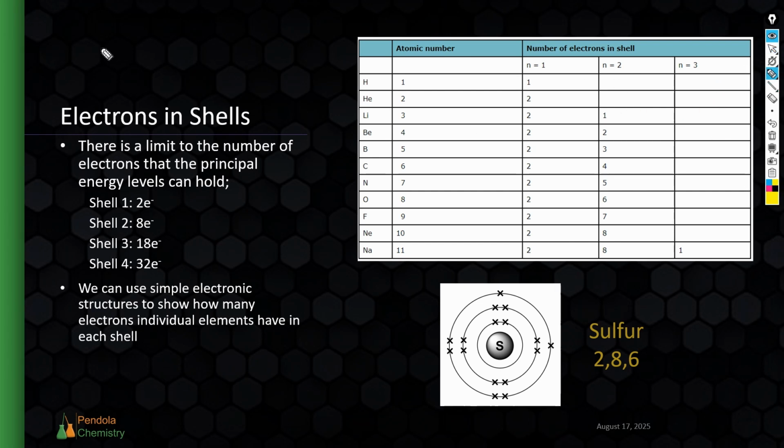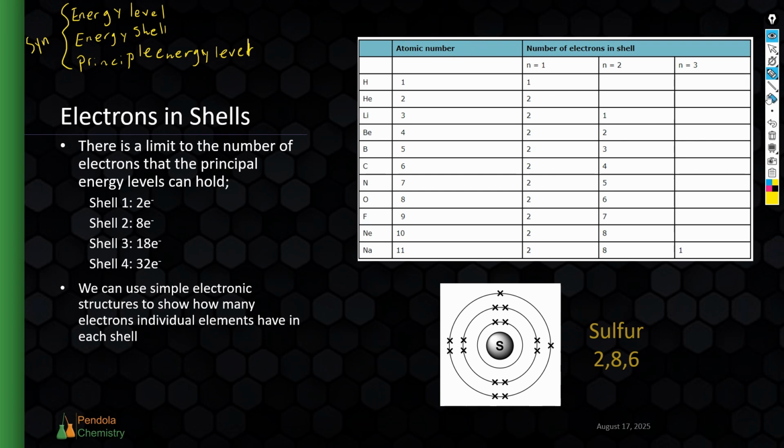So saying energy level, energy shell, or primary or principal energy level, these are all the same thing. They're synonyms of each other. So make sure that you don't get confused by wording.